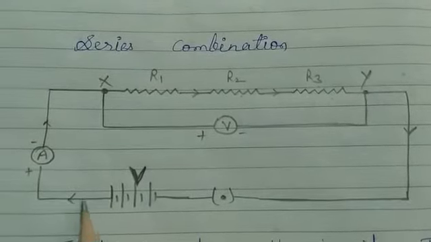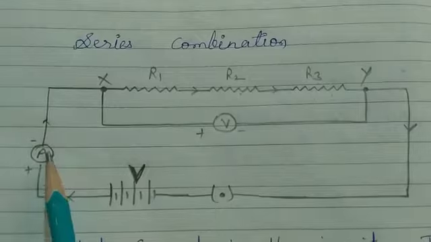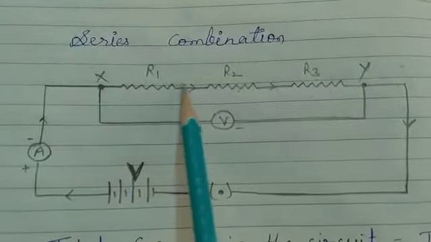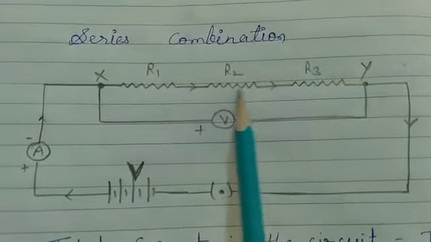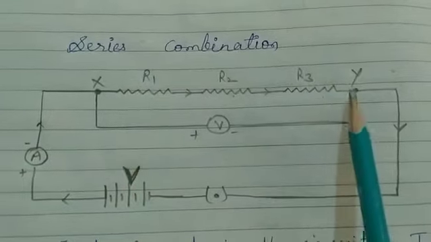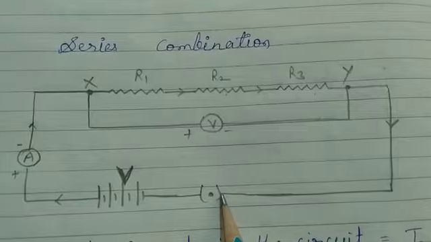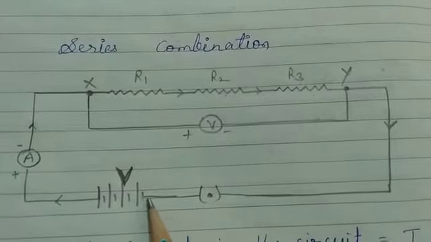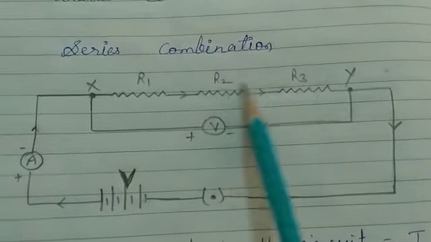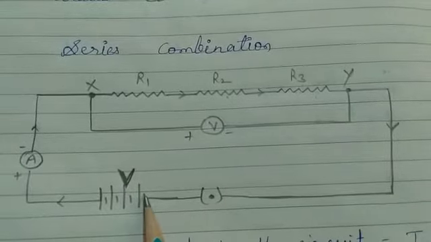Then this battery is connected to an ammeter. The ammeter is connected to the series combination of these resistors. Then there is one key or switch connected to the battery, and like this the circuit is completed.